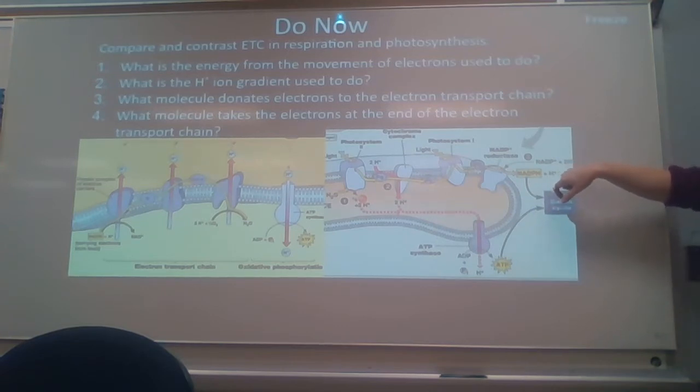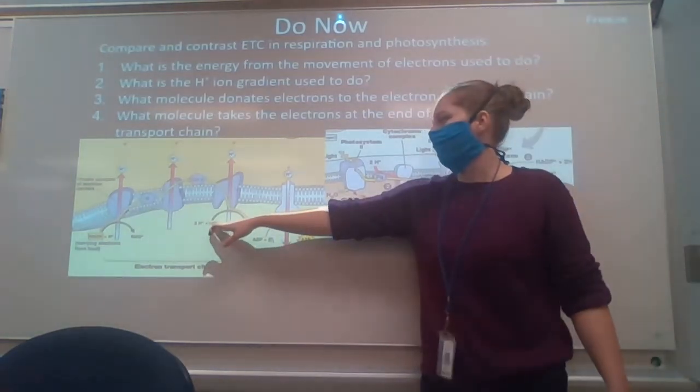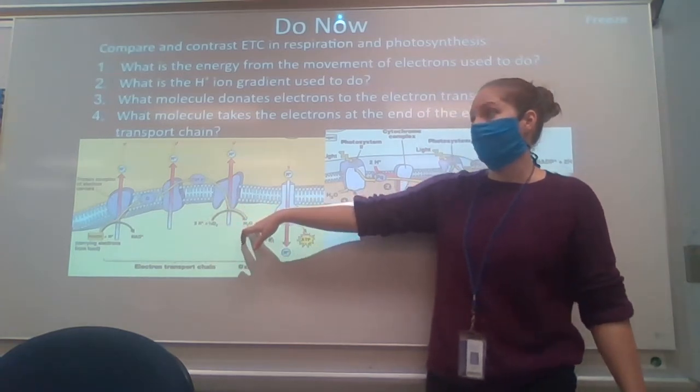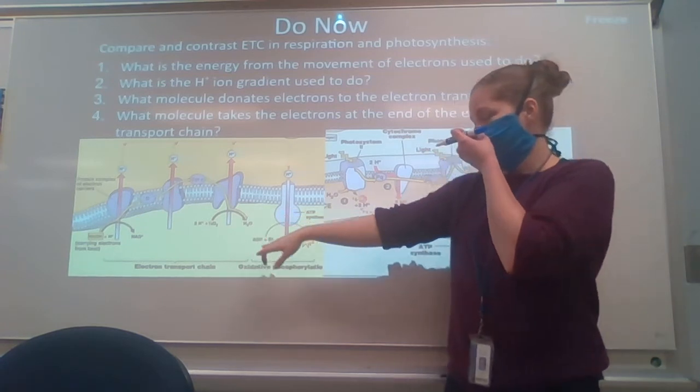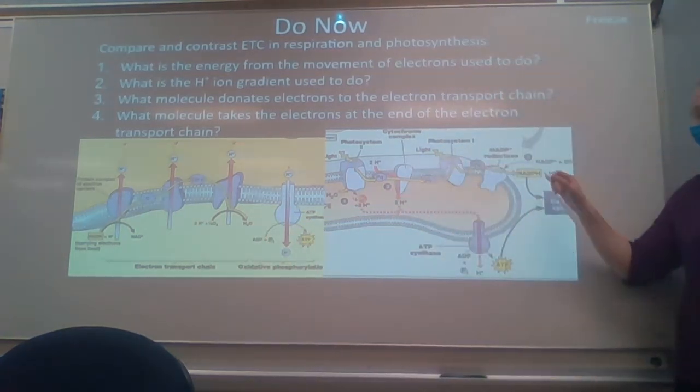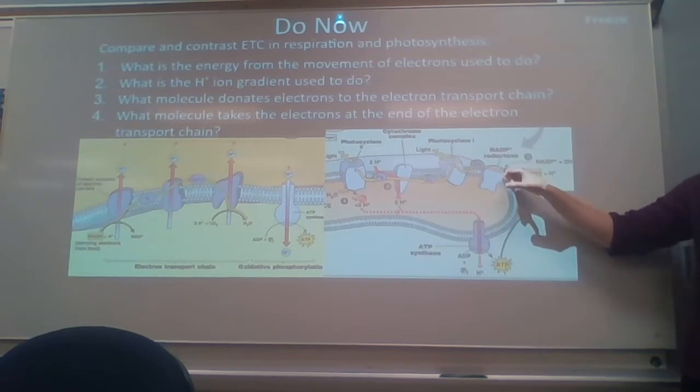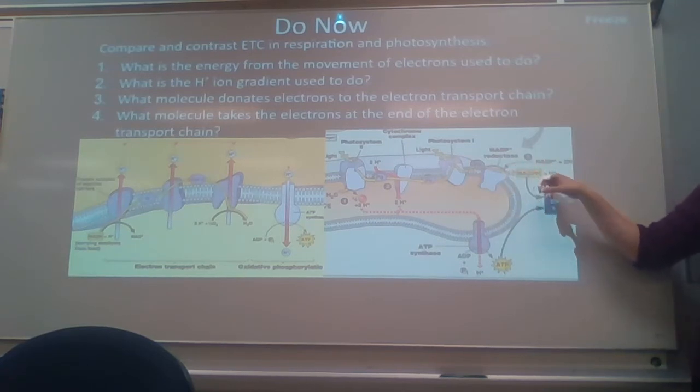It has those electrons and those hydrogen ions. Yeah, Richard. Number 4, it was NADH and water. So technically, it's oxygen that's picking it up, and the result of that is water for cellular respiration. And then in photosynthesis, the NADP plus is picking up the electrons and getting reduced to NADPH.